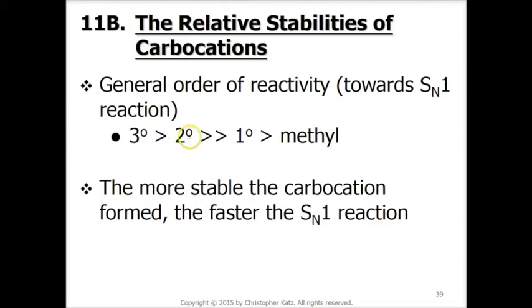Then way far down the road is a primary carbocation, which almost never forms, and then methyl pretty much almost never forms at all. We have these greater than, less than symbols here, but really tertiary carbocations form readily. Secondaries also form pretty readily depending on what they are. Primaries almost never form, and methyls never form.